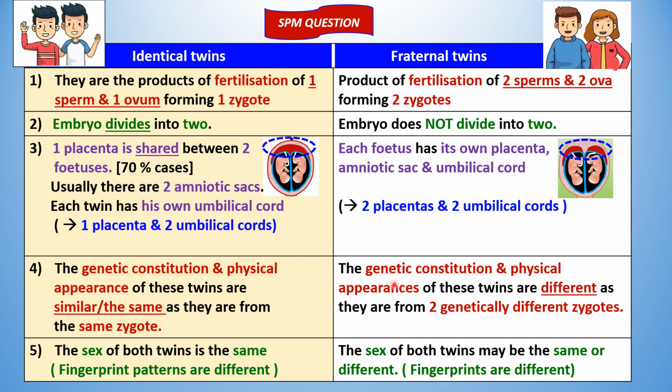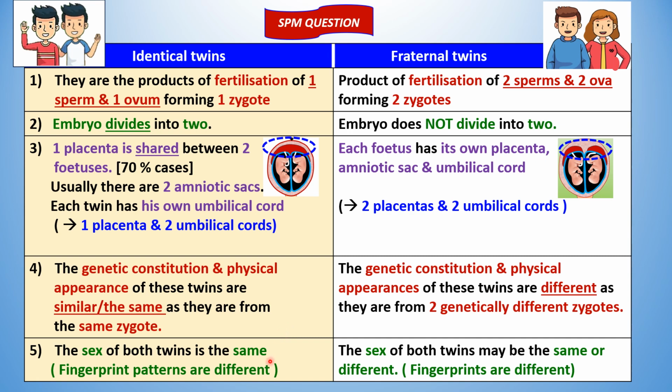Now, genetic constitution and physical appearances of fraternal twins are different because they actually come from two genetically different zygotes, as we have seen at the beginning. Okay, fertilization of two pairs of sperm and ovum, right, that are genetically different from each other.